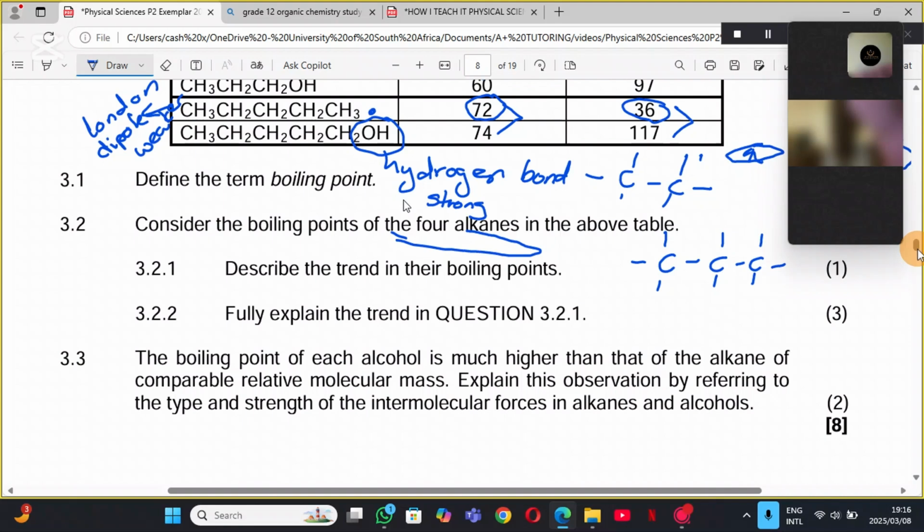Rather than the London dispersion force, which holds molecules together weakly. So it's going to require less energy for the molecule to break down. Okay, so that's my 2 marks.